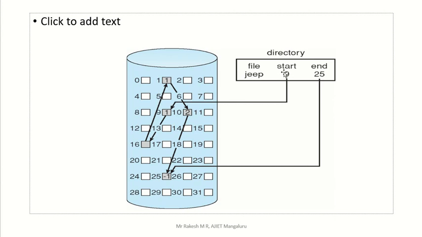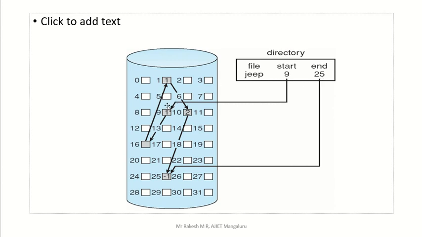The starting block number is 9. What is the size of the file? Sorry, this is the end block. Start block is 9, end block is 25. So the file starts with block 9 and ends with 25. Till that we are going to store our file.